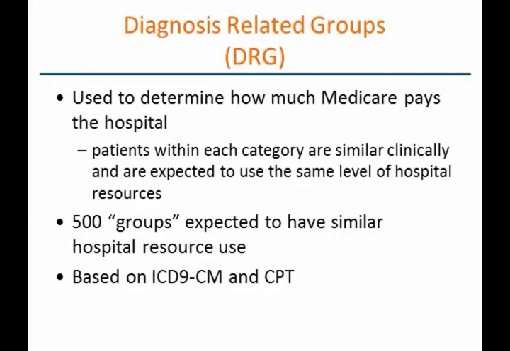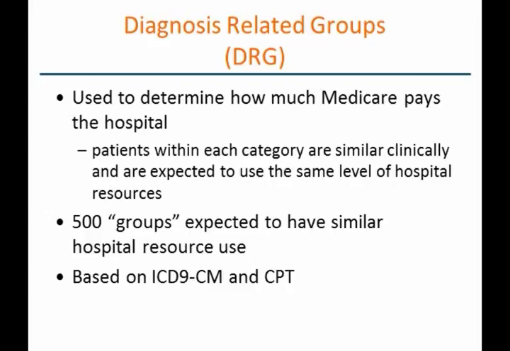Then there are diagnosis-related groups. DRGs, as we refer to them, are used to determine how much Medicare pays to the hospital. It's thought that patients with similar histories, maybe they have pneumonia, they need antibiotics, they need x-rays, are clinically similar, and they're expected to use the same level of hospital resources. Again, this was developed to bill for reimbursement for specific kinds of clinical conditions.